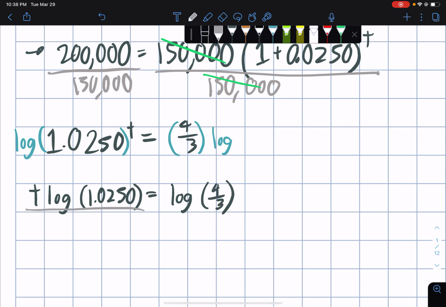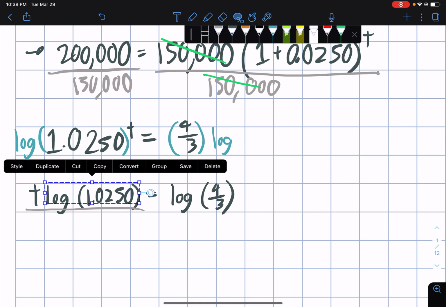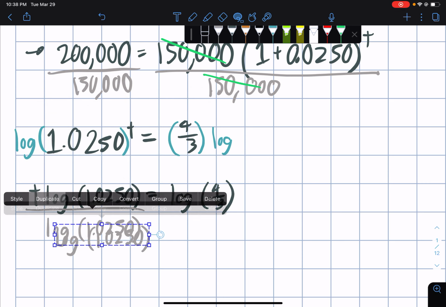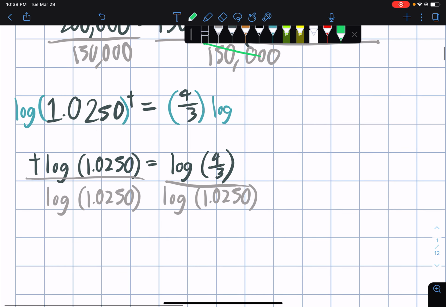Then divide both sides with log 1.0250. Cancel. t is equal to log 4 over 3 over log 1.0250.